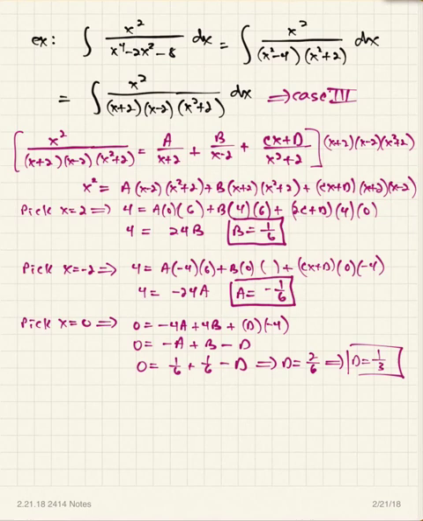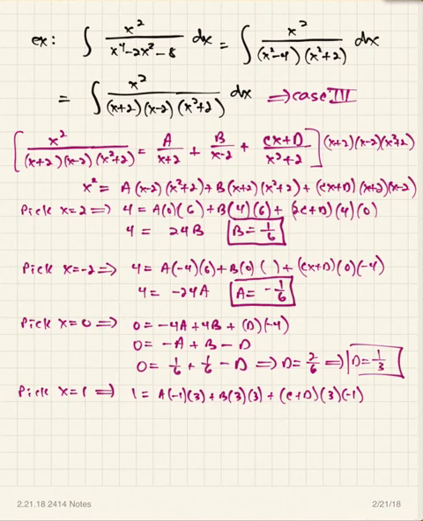Finally, we need to find c. So to make the arithmetic simple, I'll just use x equals 1. At least the numbers are small there. And so you get 1 is equal to a times negative 1 times 3 plus b times 3 times 3 plus, and remember x is 1 here, so c plus d times 3 times negative 1.